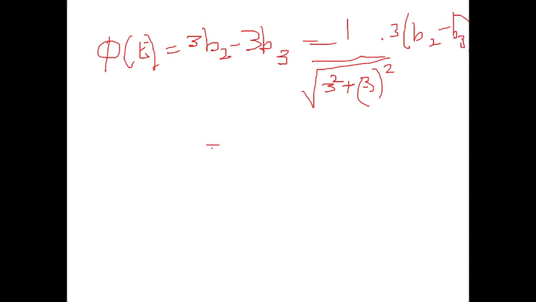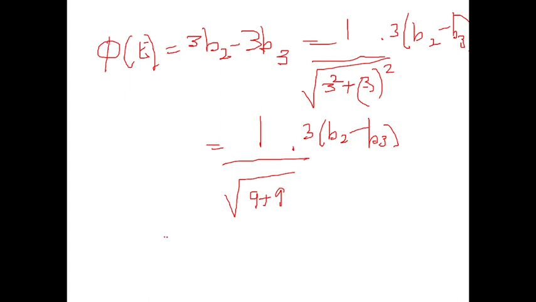So this I am going to get as 1 by square root of 9 plus 9, into 3 into b2 minus b3. So 9 plus 9 is 18. So 18 I can write as 9 into 2. So 9 I can take outside as 3. So 3 root 2 into 3 into b2 minus b3. So here I am going to just strike out this, and this is going to be my SALC 2.